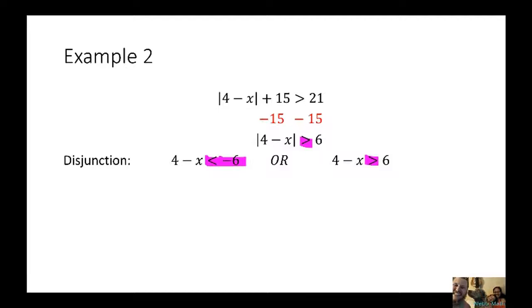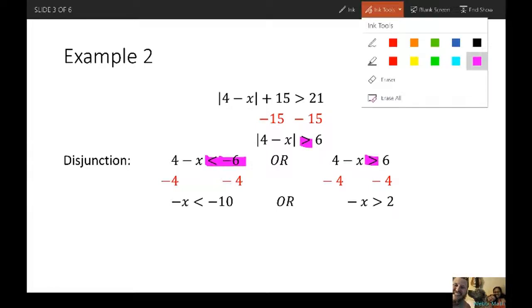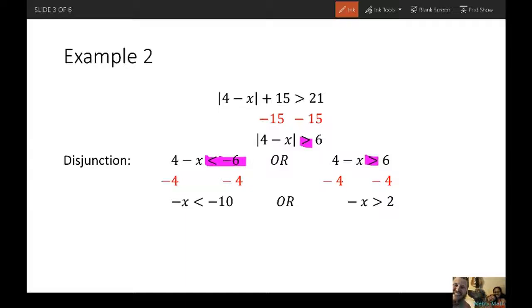We'll get rid of those plus 4s using the subtraction property. You will get negative x, and you can't have negative x equaling something. You have to have a positive x that is less than or greater than something.